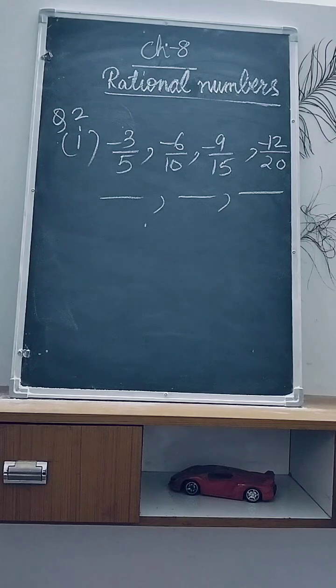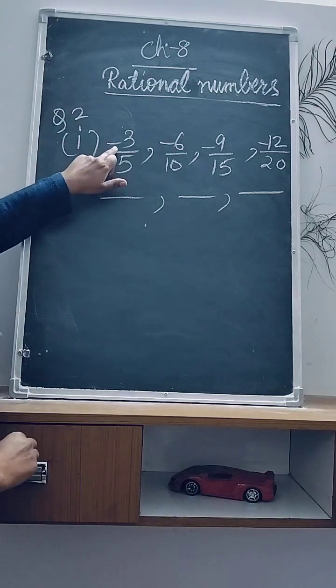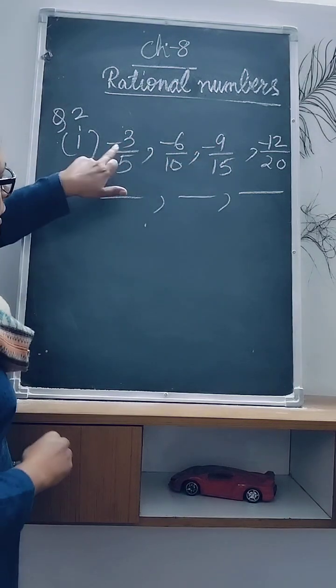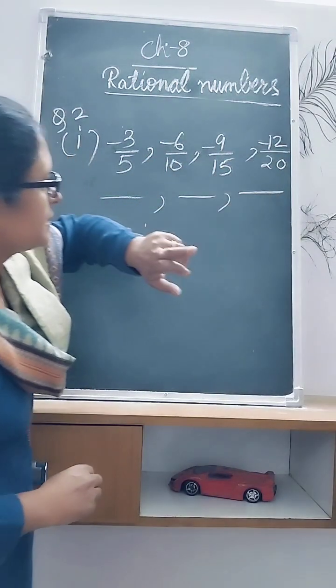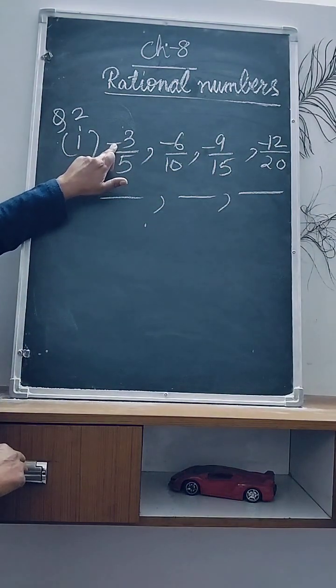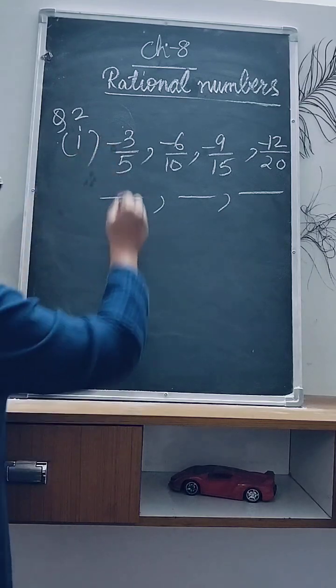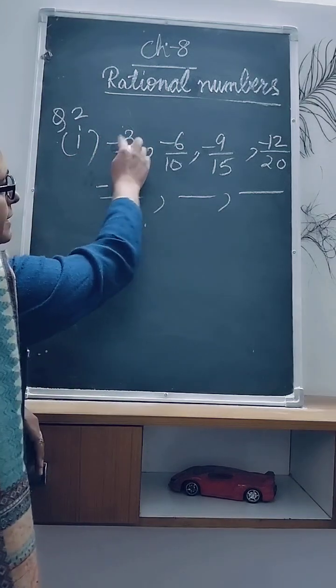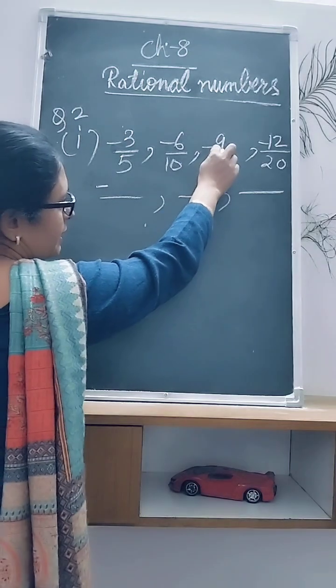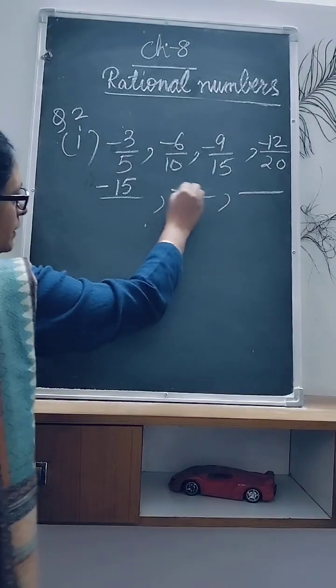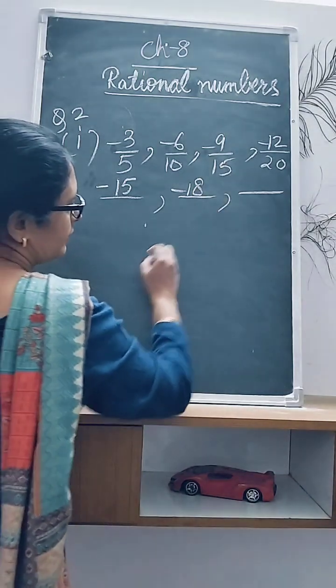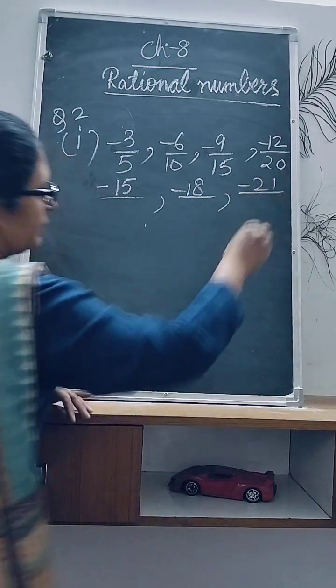We will complete it. If you see the numerators, minus 3, minus 6, minus 9, minus 12, you will find that it is a table of 3 with the negative sign. 3 ones are 3, 3 twos are 6, 3 threes are 9, 3 fours are 12, 3 fives are 15, 3 sixes are 18, 3 sevens are 21.